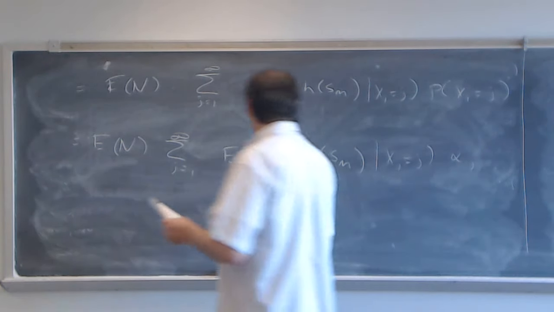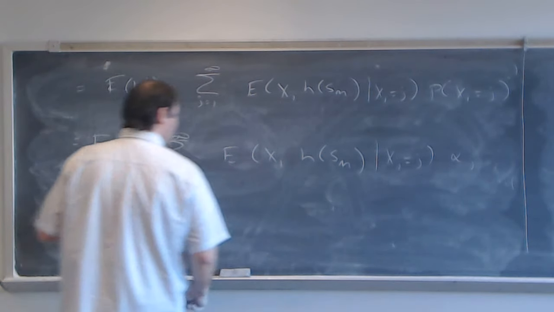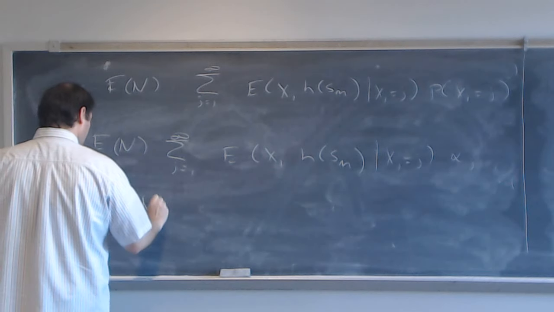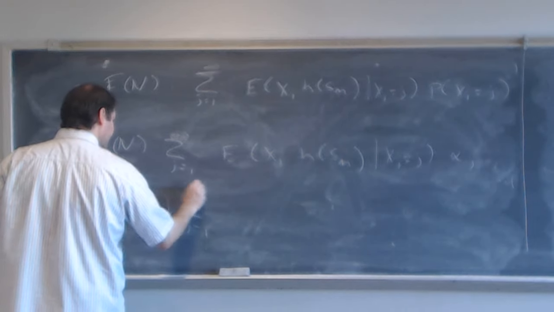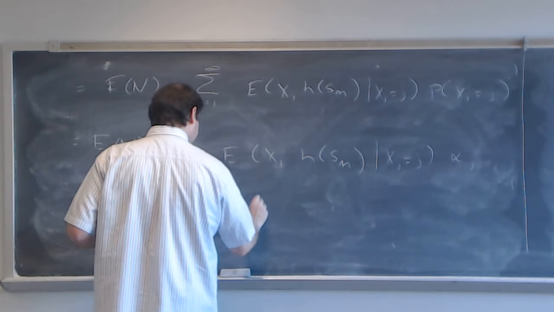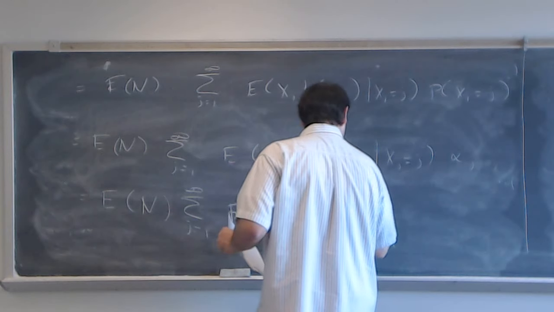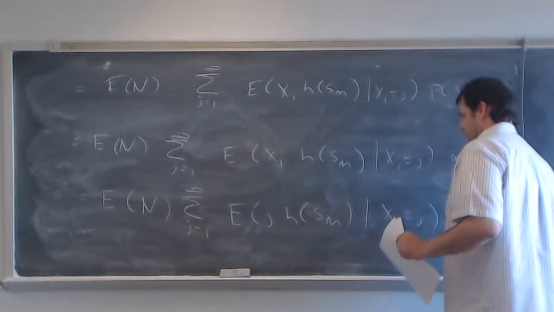And now, here we can do a little bit of work about x of 1. We know that it's j, so this is equal to the expected value of n times the sum as j runs from 1 to infinity. This is the expected value of j times h of s of m, given x of 1 is equal to j, times alpha sub j.